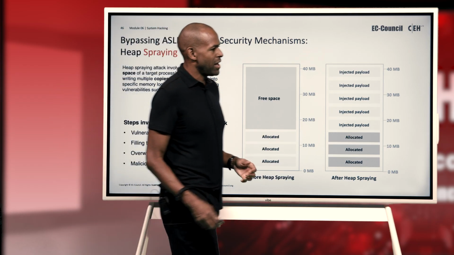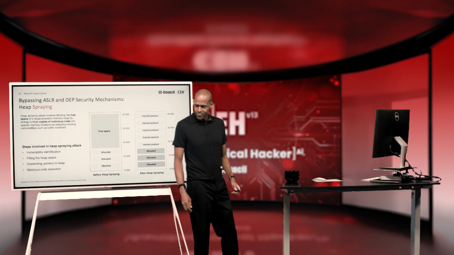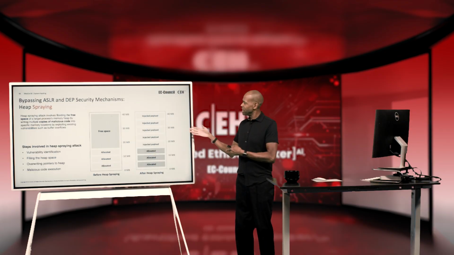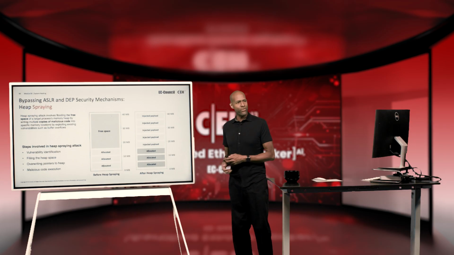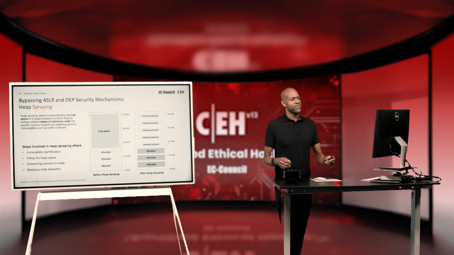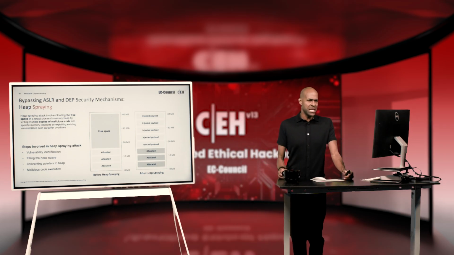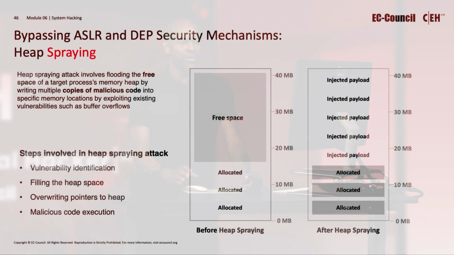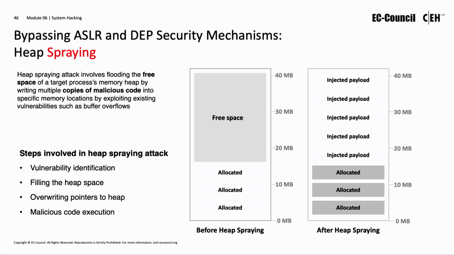Now on the right side, we have an injected payload, and we've taken up that free space. Very interesting stuff. DEP is data execution prevention. ASLR is address space layout randomization, and these help to protect apps. So we're going to flood that free space and put in our own payload, and we have tools that can help out with that.